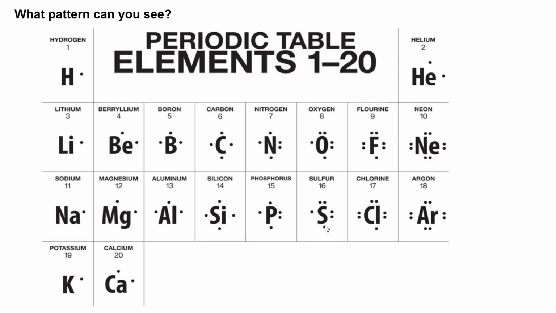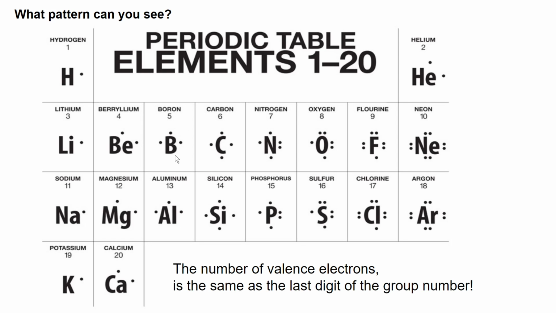Oxygen and sulfur form 2 bonds. Nitrogen and phosphorus form 3 bonds. Carbon and silicon form 4. All kind of breaks apart here. But boron forms 3 bonds. Aluminium forms 3 bonds, but aluminium we don't normally encounter.